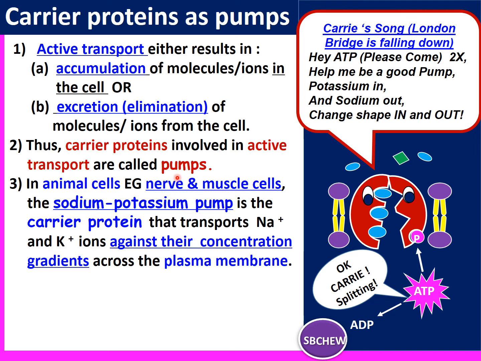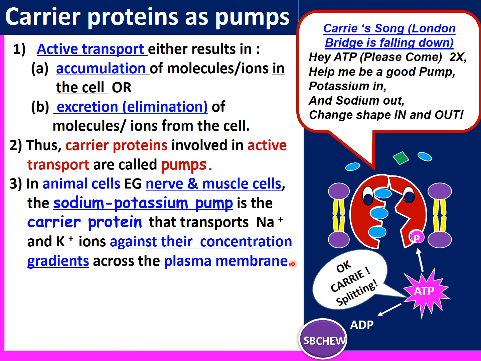An example of a pump in animal cells is called the sodium potassium pump in the nerve and muscle cells. The sodium potassium pump is actually a carrier protein that transports sodium ions and potassium ions against their concentration gradients across the plasma membrane.